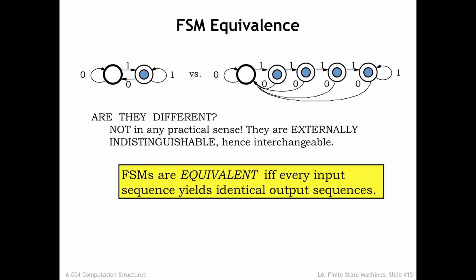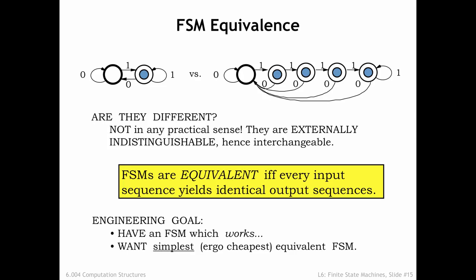We say that 2 FSMs are equivalent if and only if every input sequence yields identical output sequences from both FSMs. So, as engineers, if we have an FSM, we would like to find the simplest, and hence the least expensive, equivalent FSM. We'll talk about how to find smaller equivalent FSMs in the context of our next example.